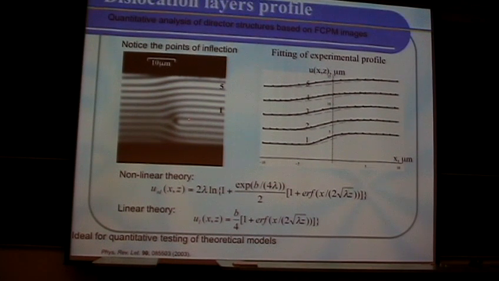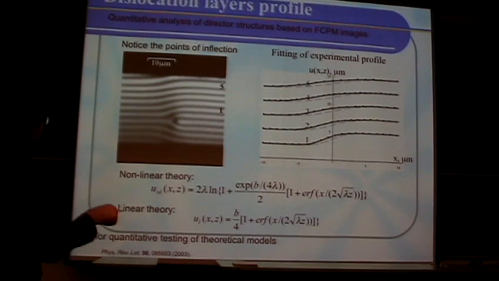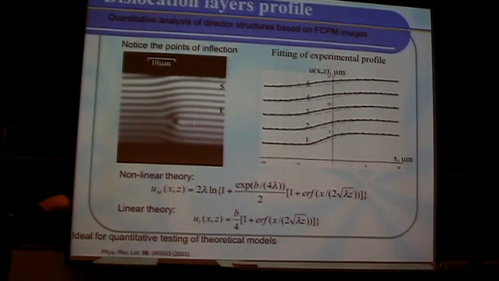What you can see here is an edge dislocation of Burgers vector equal to the pitch, and because of this dislocation, the layers above and below it depart from the flat orientation. The different theoretical models, nonlinear theory and linear theory, predict different layer displacements as a function of coordinates for this particular case.